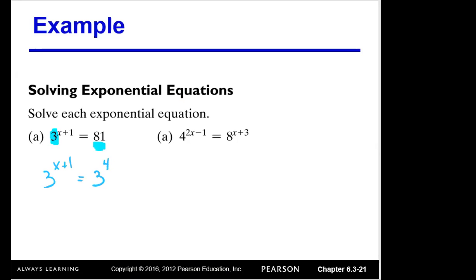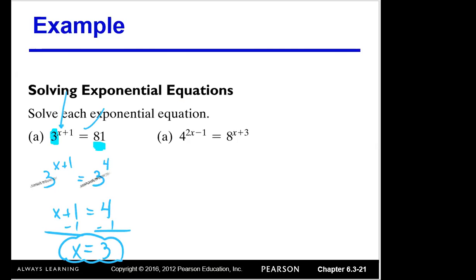I'm literally just going to drop the bases and say that the exponent of x plus 1 will equal the exponent of 4. And then I would simply subtract 1 on both sides and get x is equal to 3. And the question is, is that correct? If you stick 3 right here, 3 plus 1 is 4, and 3 to the 4th, yep, that equals 81.